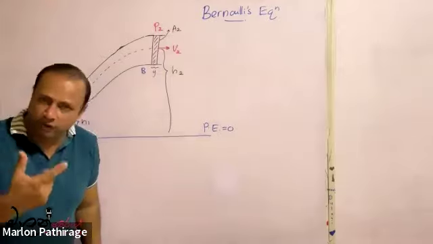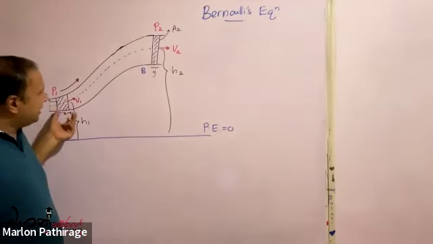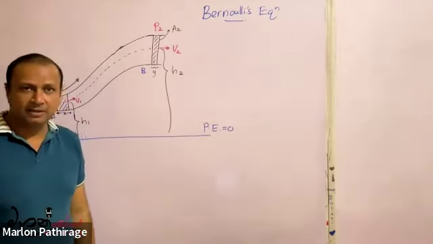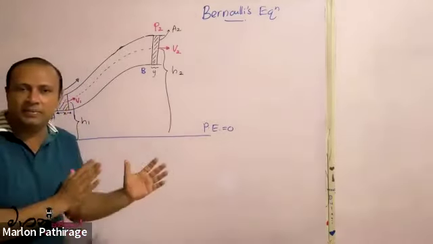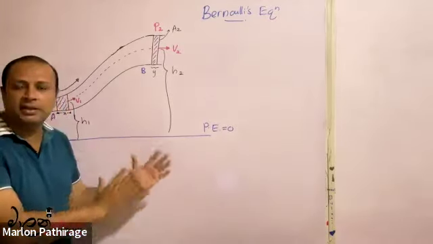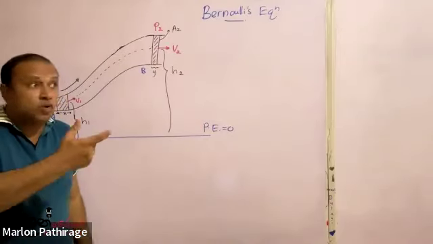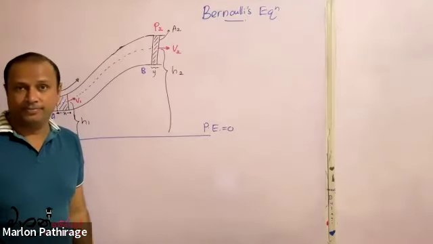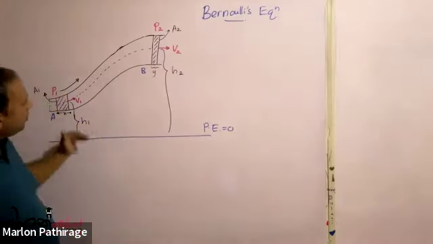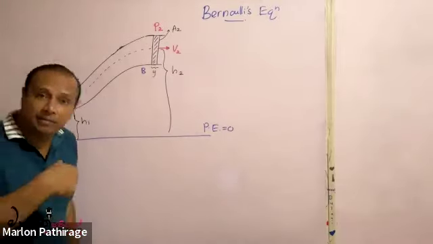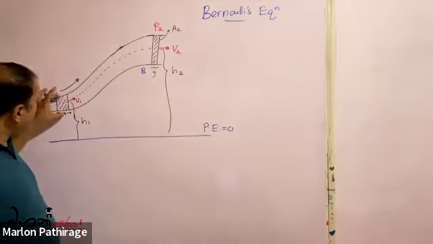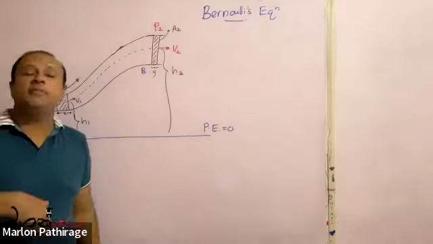Due to this fluid flow, these fluid particles have kinetic energy. Initially they didn't have kinetic energy, they were stationary, but now they do. As this is a fluid flow, the height from the ground level can be varied, so the potential energy can be varied.